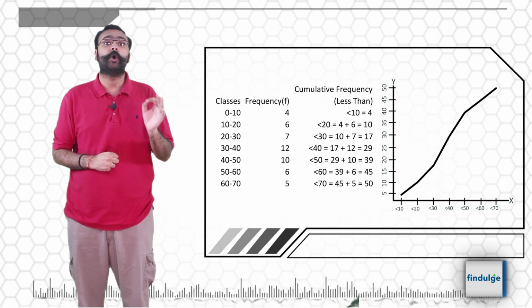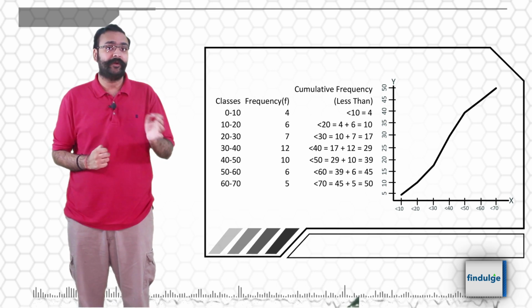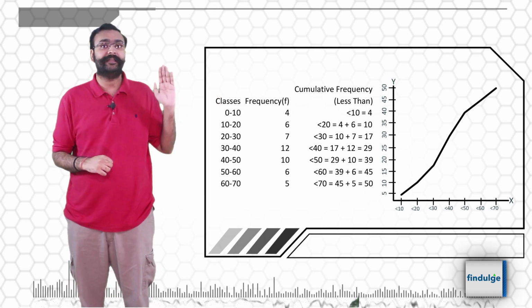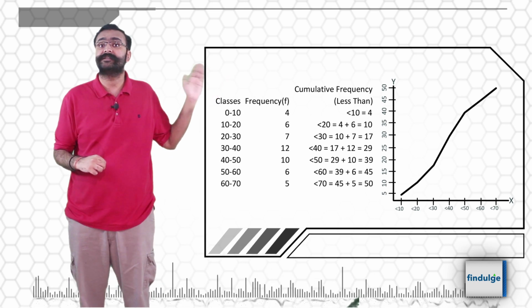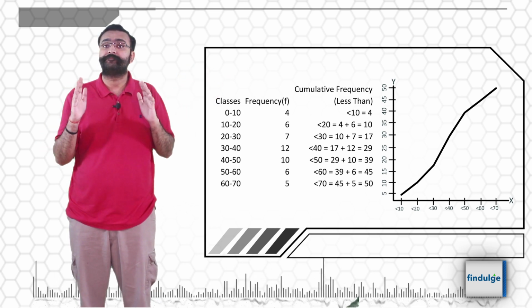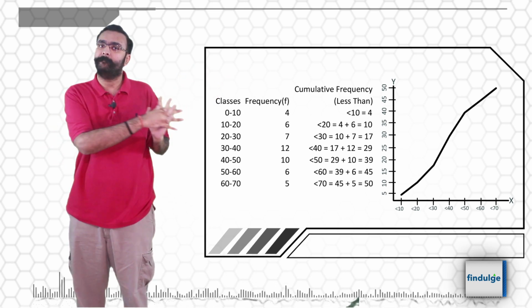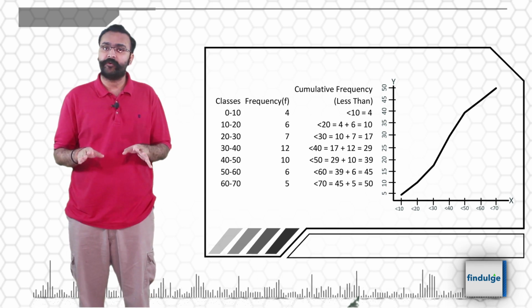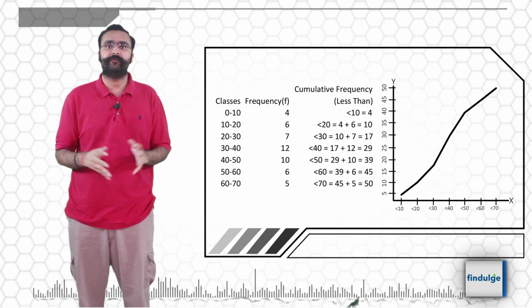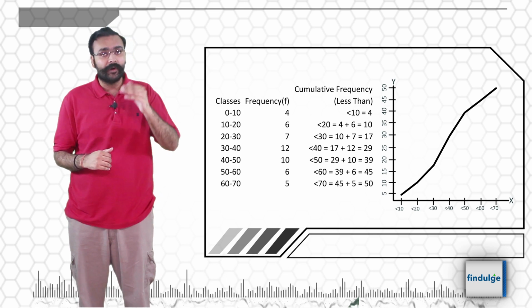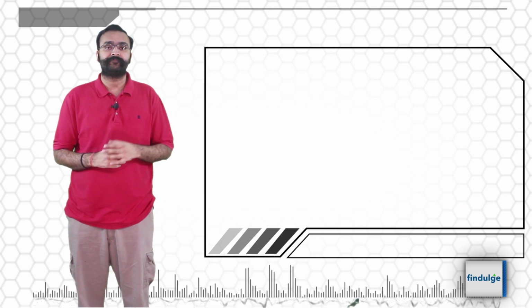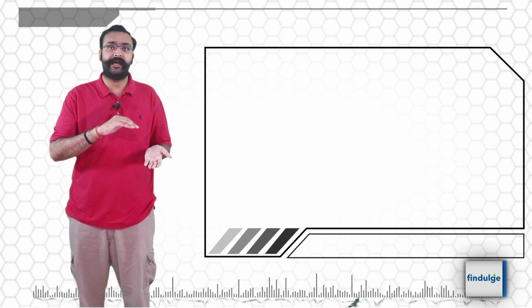What about your more than ogive? Now we do not talk about more than when dealing with median, because it's not a very common method for median calculation. But for ogive, it is a very common type of ogive. Now your more than cumulative frequency is the exact opposite of less than.